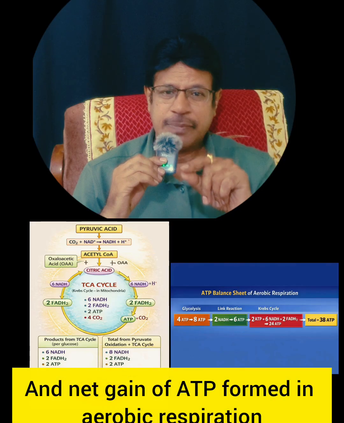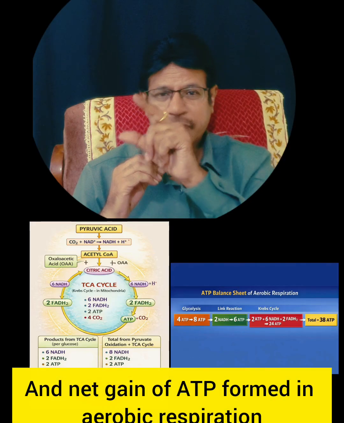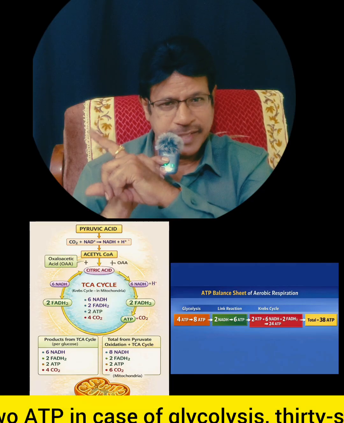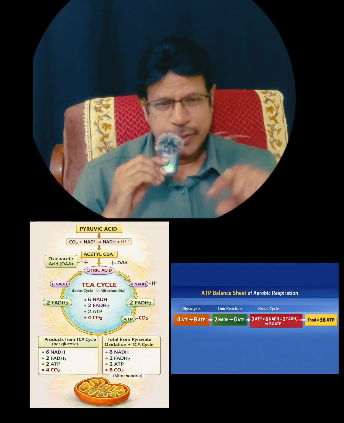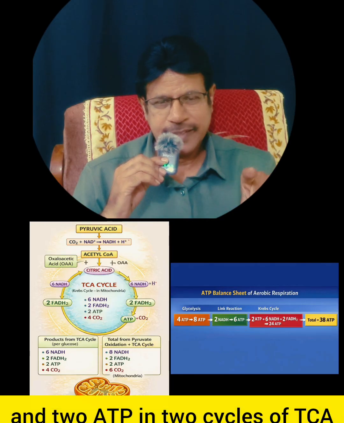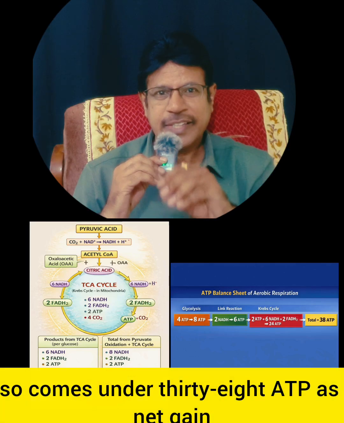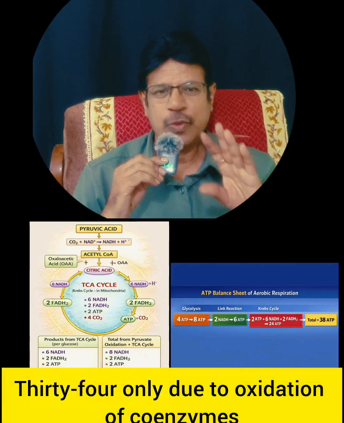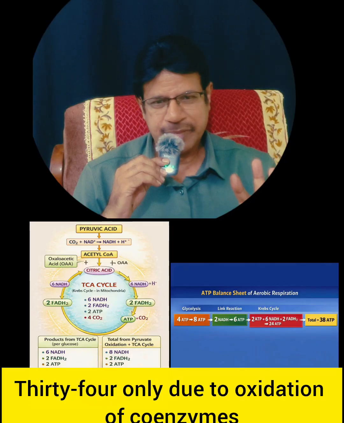And for net gain of ATP in aerobic respiration for one glucose, you consider 34 ATP, 2 ATP in glycolysis, 36, and 2 ATP in 2 cycles of TCA, so 38 ATP as net gain. 34 only due to oxidation of coenzymes.